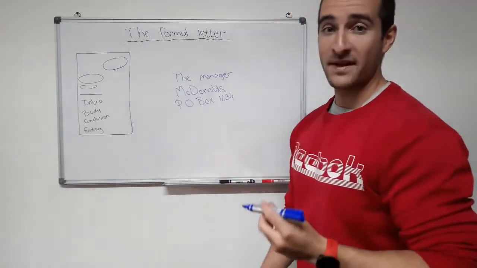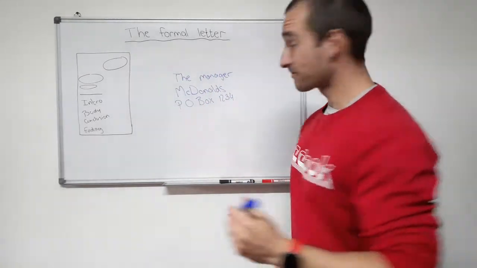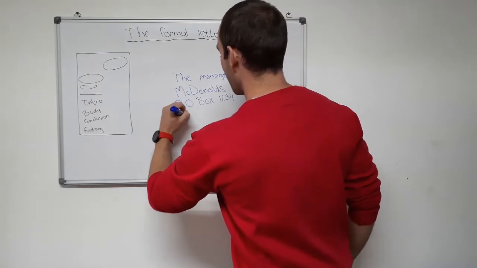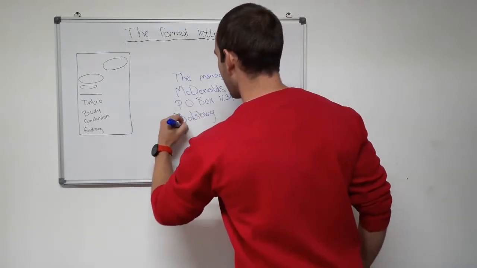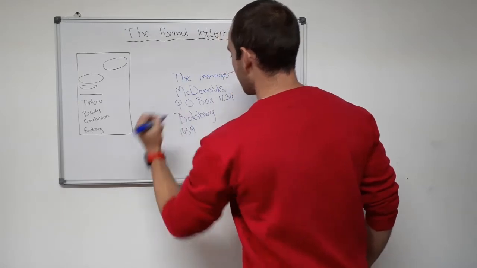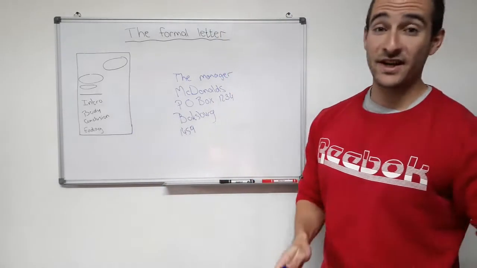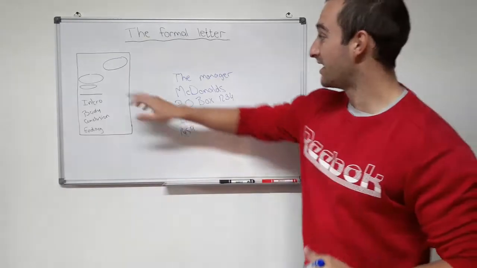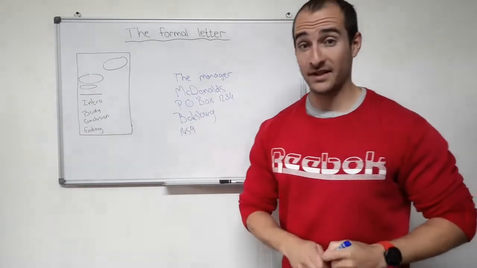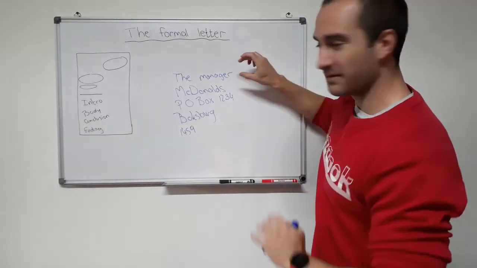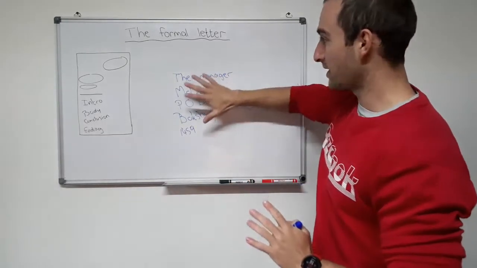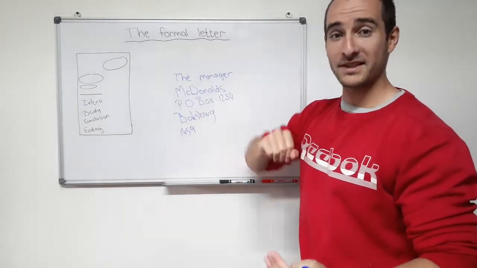Okay, very simple. And then you write down the city. Let's say it was in Boksburg. And again, the postal code. And there you go. That is the address of the receiver. So here you can see everything is pretty much there. Let's just have a quick look around what this address is. Many people tend to make a mistake here.